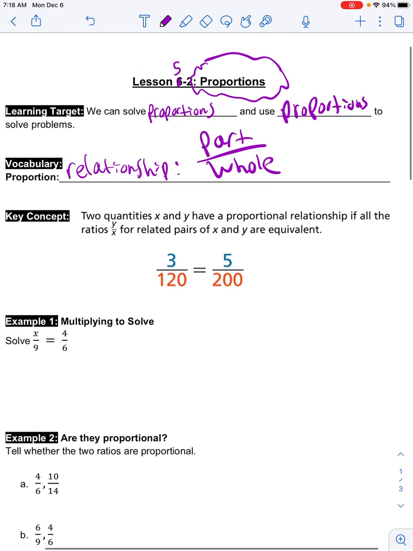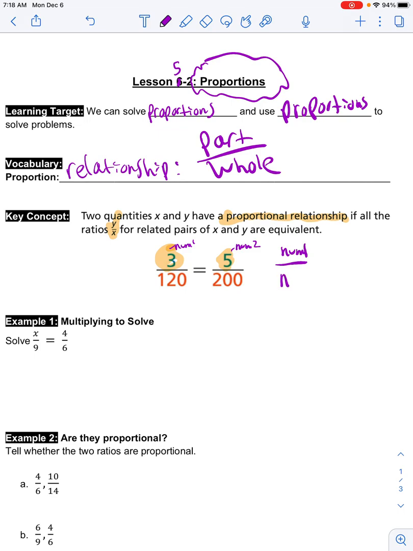So as we look at this key concept down here, two quantities, x and y, have a proportional relationship if all the ratios y over x for related pairs of x and y are equivalent. So what we're going to do is look at these numerators. Let's call this numerator 1 and this numerator 2.